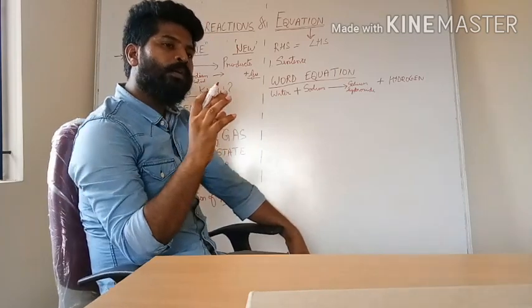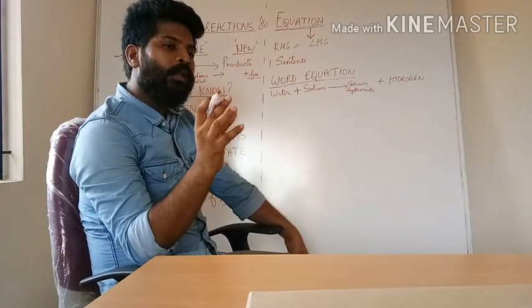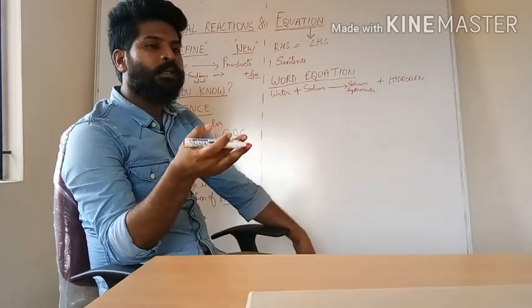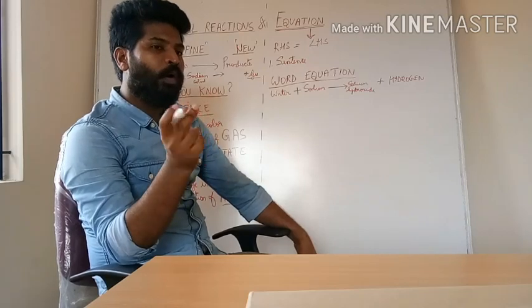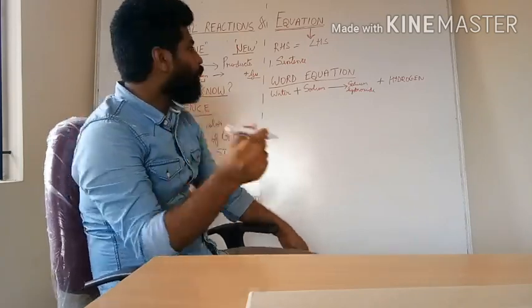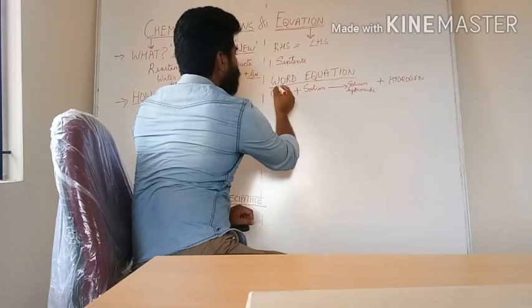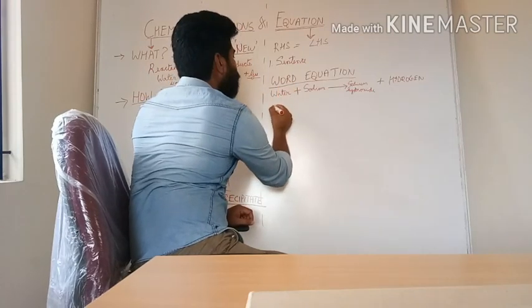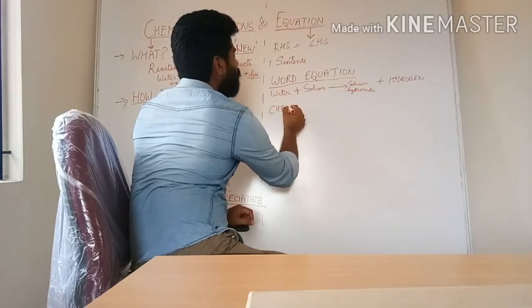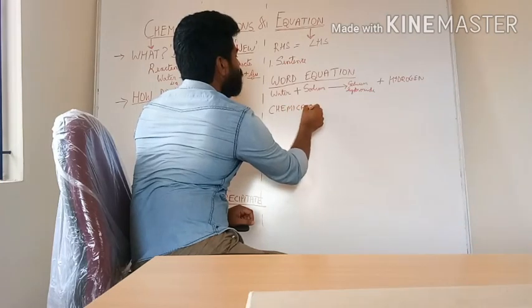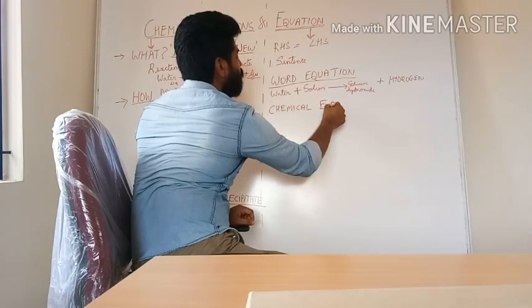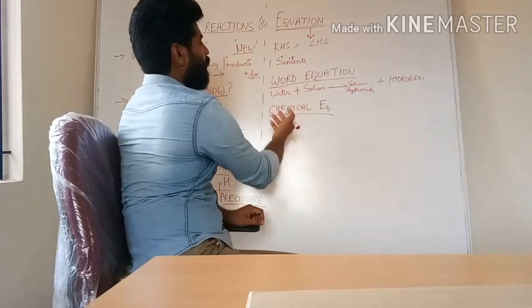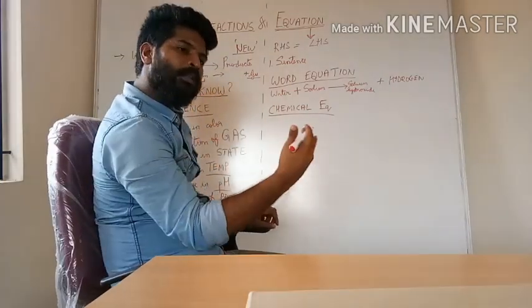Each element or compound can be represented using a molecular formula or a chemical symbol, and that is what we are going to do in a chemical equation. So as a word equation, in a chemical equation the words are replaced by chemical symbols.